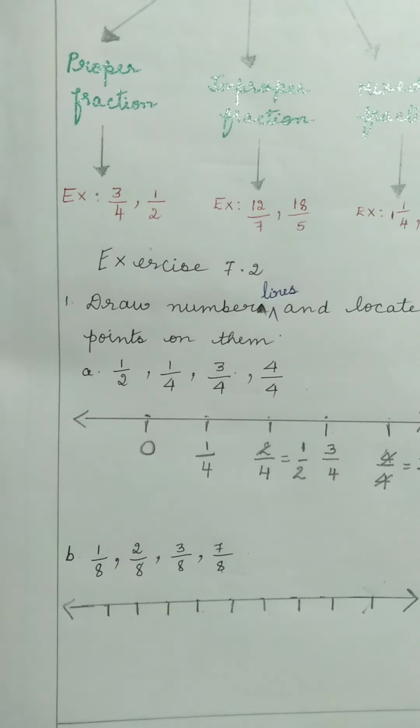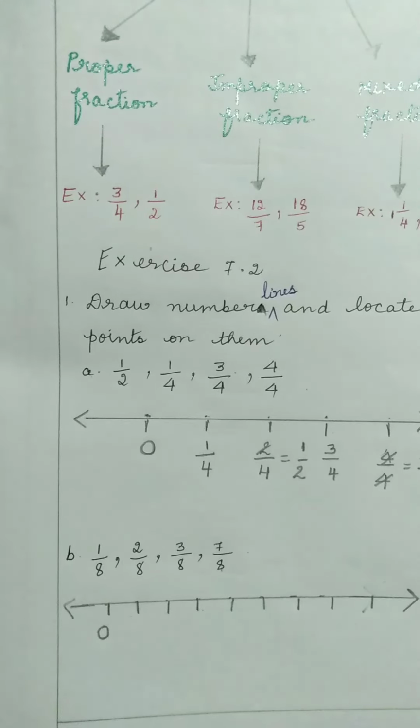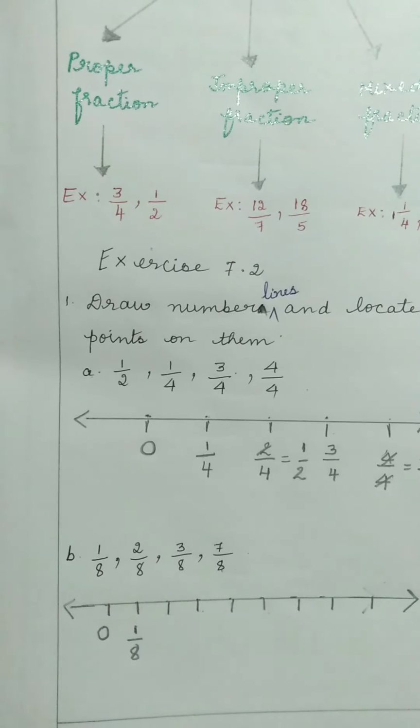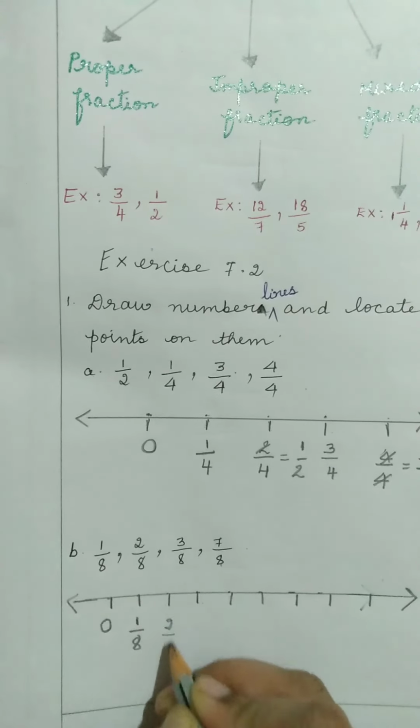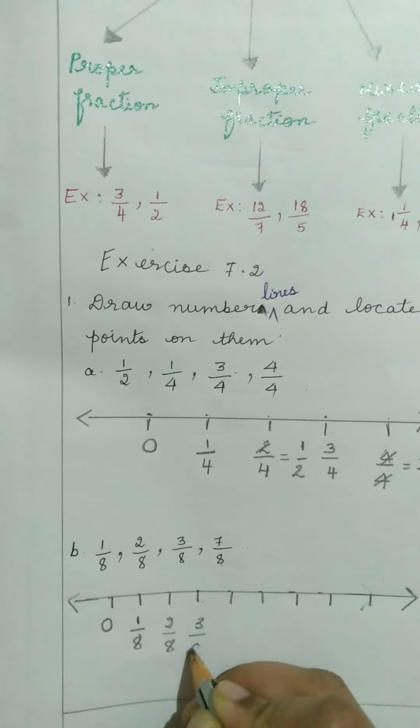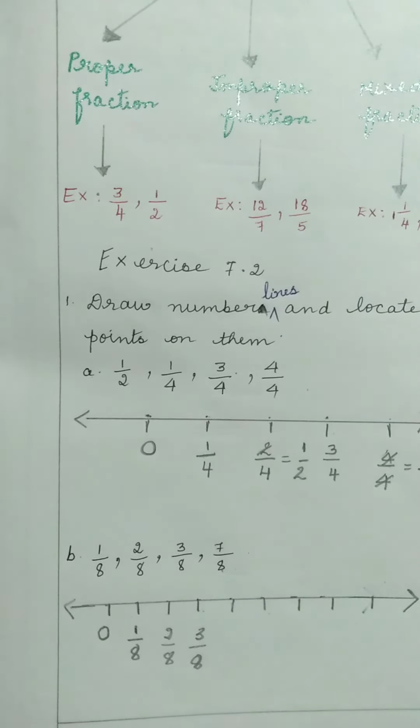And we know that in a number line, the first will be 0. Next, we will represent 1 by 8. Next, it is 2 by 8. Then 3 by 8. We are given in the question to plot 7 by 8.